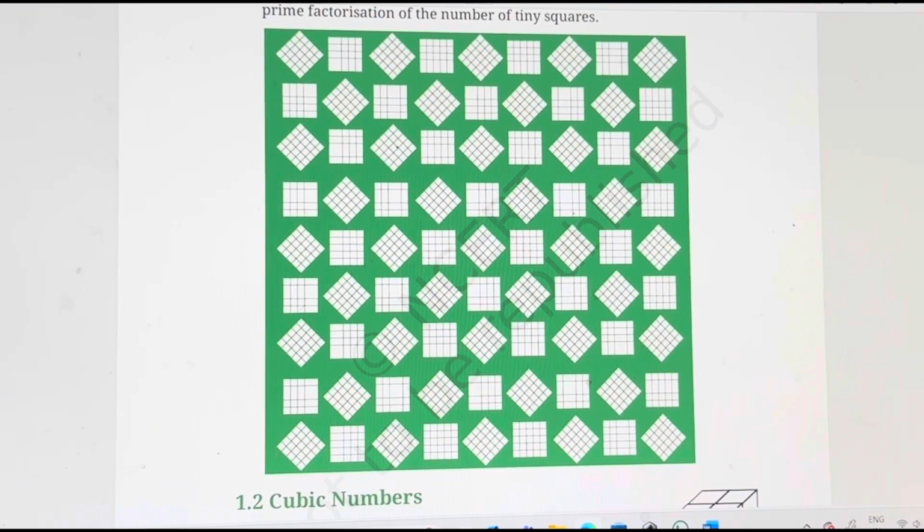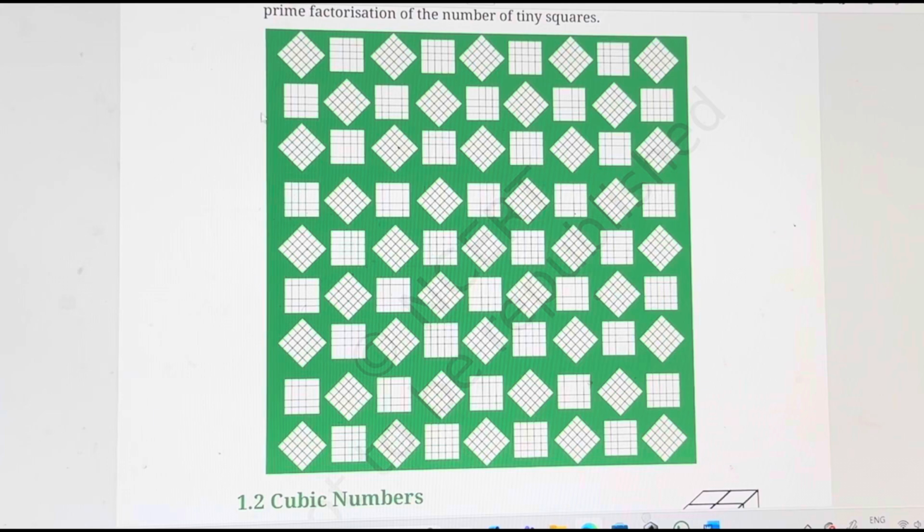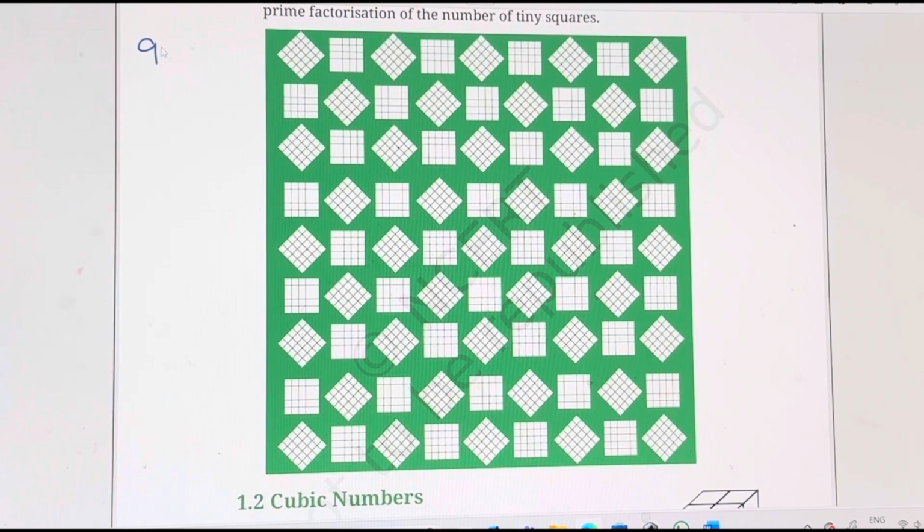Then in each one, how many are there? So if we see this one, 1, 2, 3, 4, 5, 6, 7, 8, 9. 9 rows. 1, 2, 3, 4, 5, 6, 7, 8, 9. So 9 into 9. That is 81. This white squares are there.